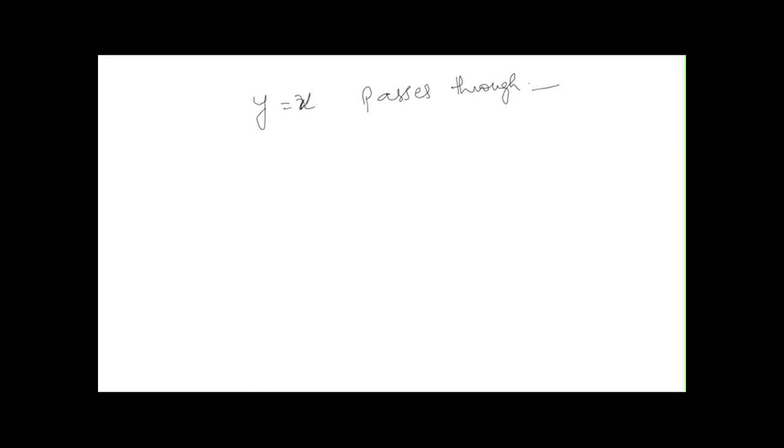I have many graph questions. How can you write this one? Y varies directly as X. So we will write Y is proportional to X. Okay.